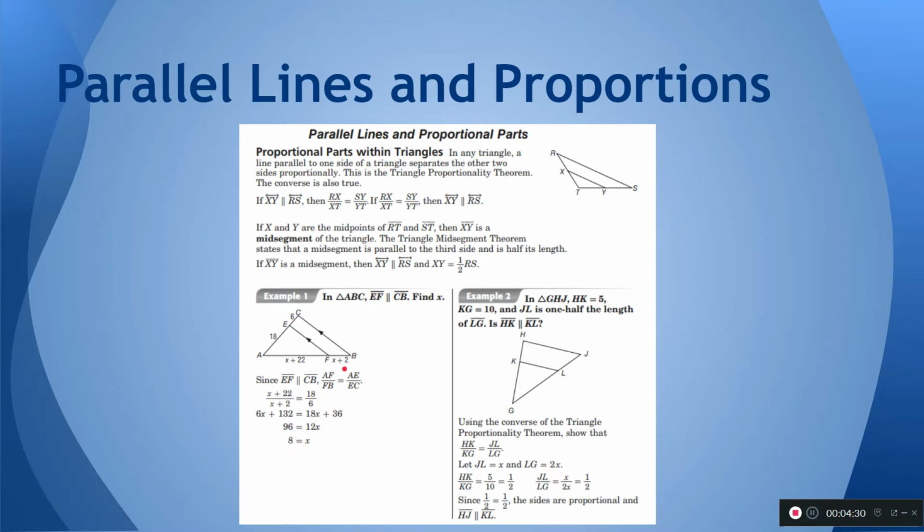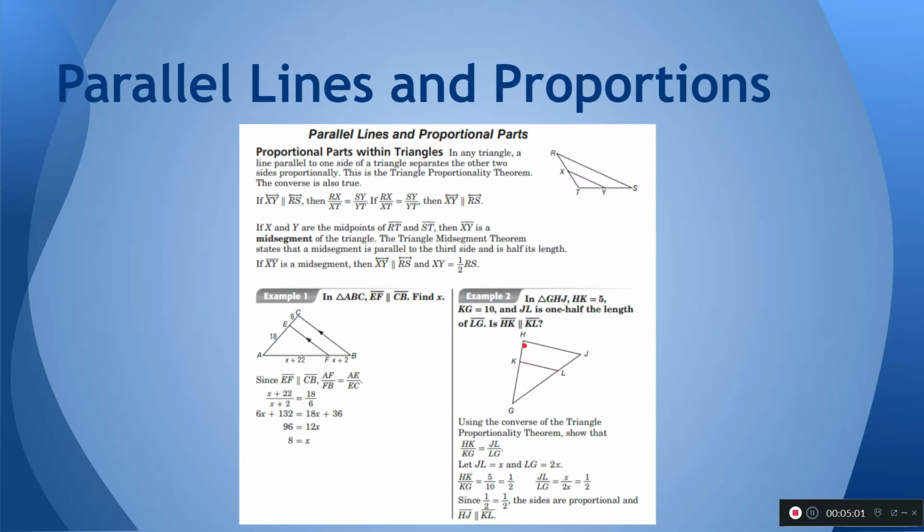On our second example here, we're taking triangle GHJ, HK equals 5 and KG equals 10, and JL is 1/2 the length of LG. Is HJ parallel to KL? Well, HJ is over here, and we're asking if this is parallel to KL.